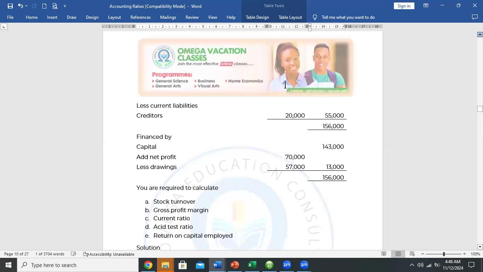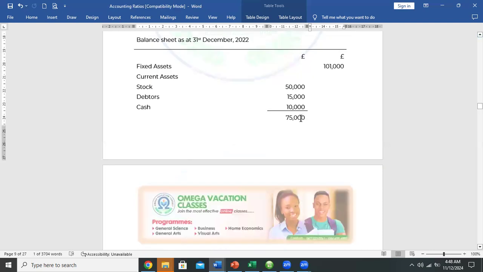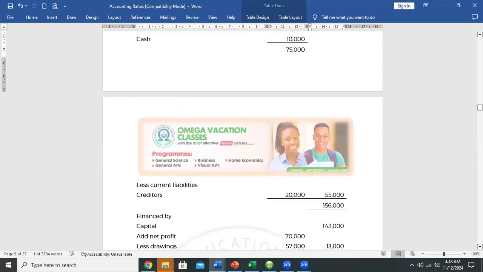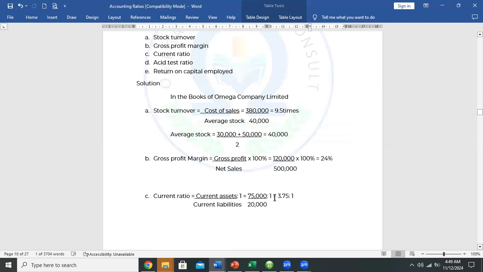So we have it here: stock, debtors, cash, total 75,000. Then the liabilities, we only have creditors, which is 20,000. So you put in the figures, 75,000 divided by 20,000, and you get 3.75 compared to 1. Now, I told you if it is greater than or equal to 1, it is better. But if it is lesser than 1, then it means the business is having liquidity issues.